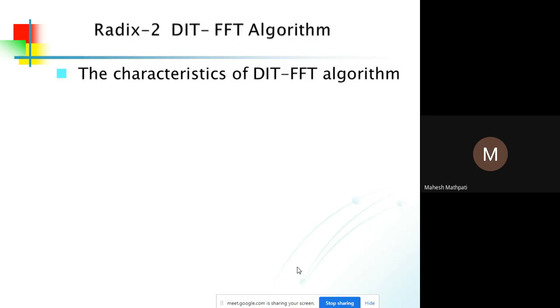You just write bit reversal order. And the second one is memory requirement and in-place computation.